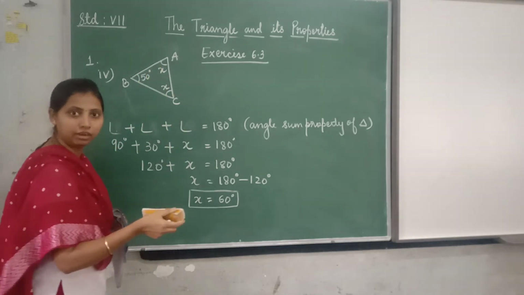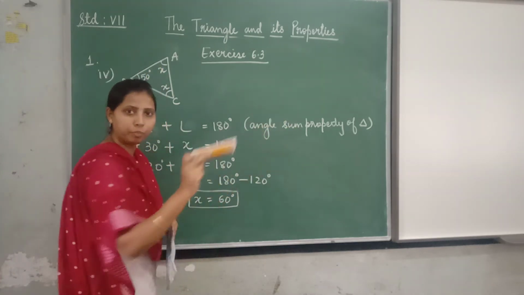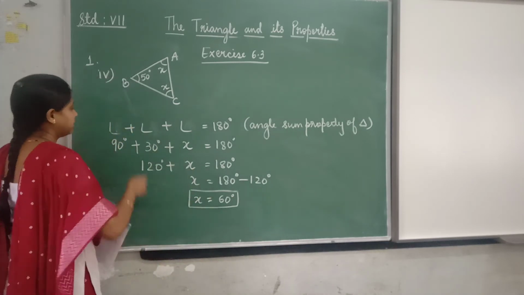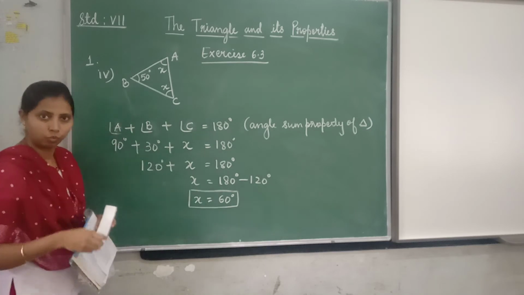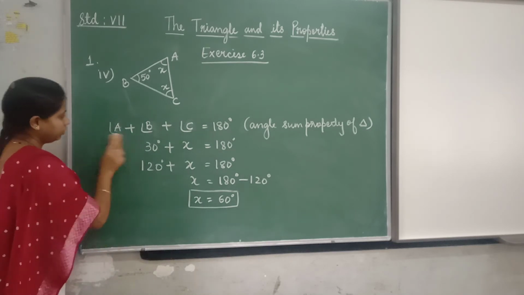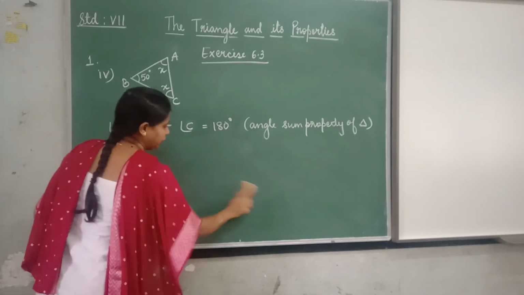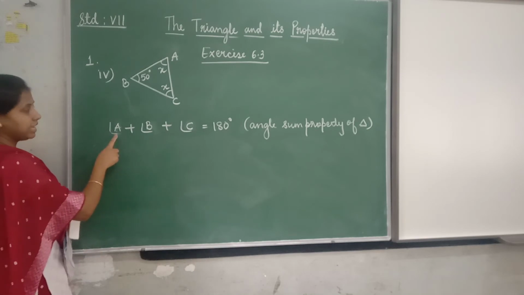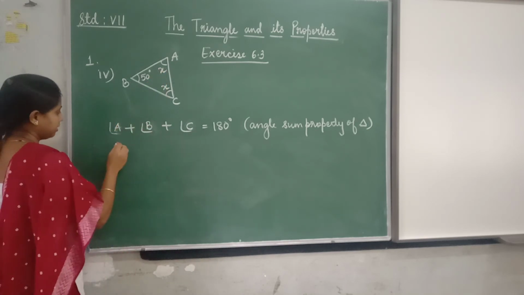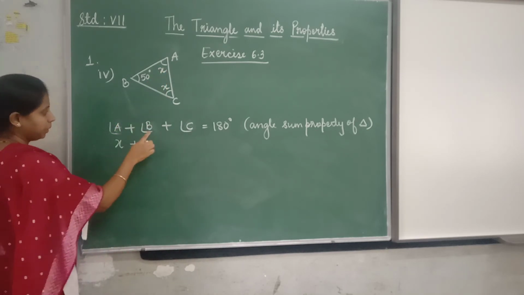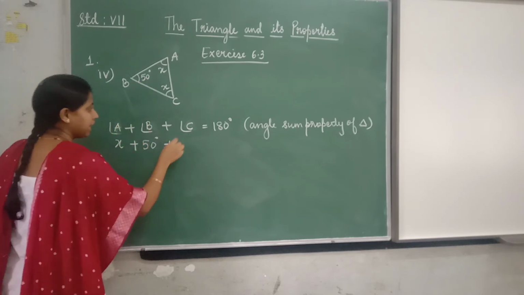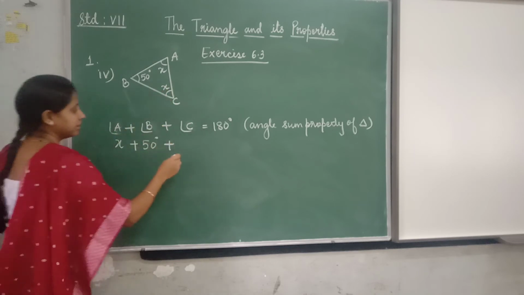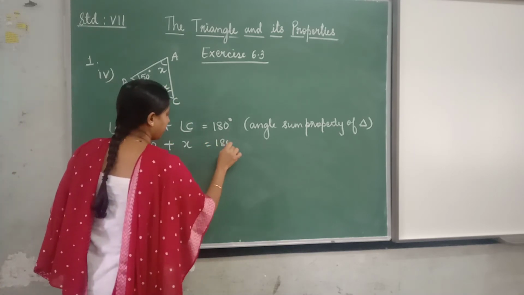In a triangle, you have to use the angle sum property. So just change here: angle A plus B plus C is equal to 180 degrees. Now the values will change here. What is angle A, children? Angle A is x, plus B. What is B in the figure? 50 degrees, plus angle C. Angle C is x.